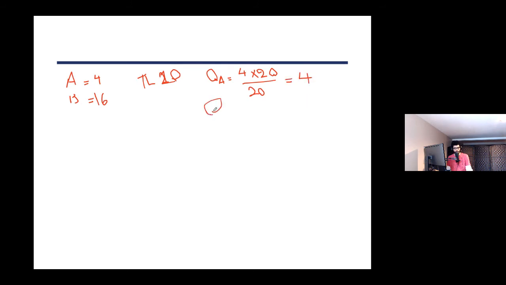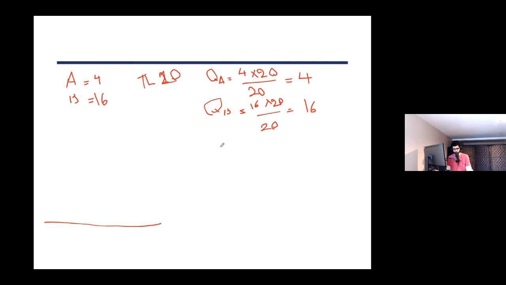And then what is the time quantum for B? So this becomes 16 times 20 divided by 20. Sorry for the handwriting, I'm using the mouse. So this becomes 16. So time quantum for A is 4, time quantum for B is 16. Now let's run max-min fairness. Initially, both of them have got nothing, so both of them have 0.